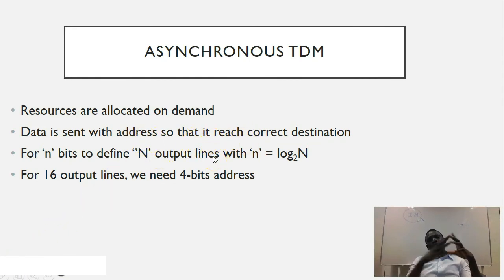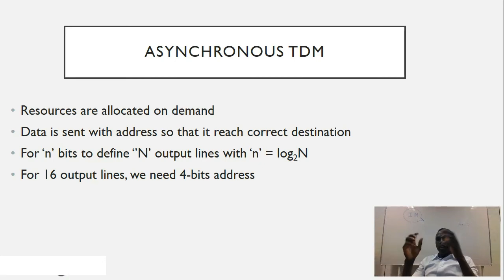However, to identify which output connection has this specific time slot, people use addressing in asynchronous time division. So every slot sent will have a header as an address to where the data is being sent.